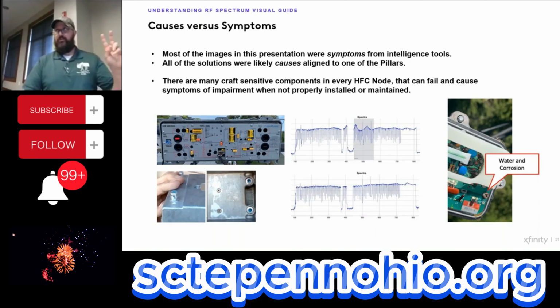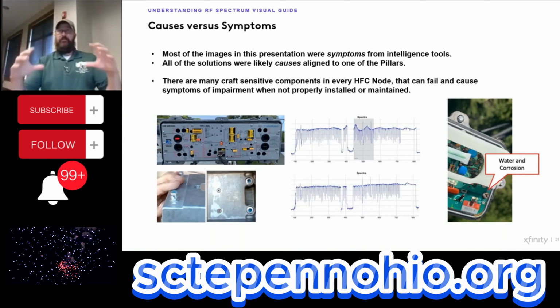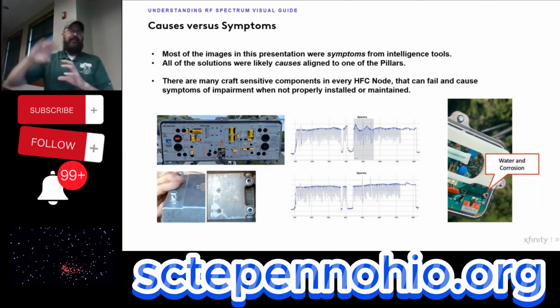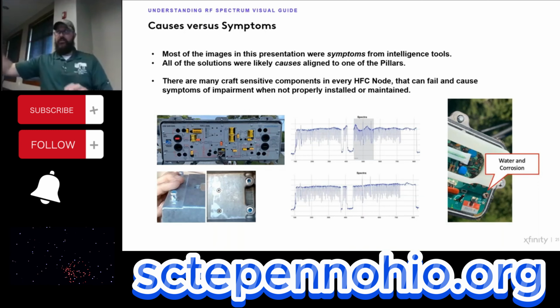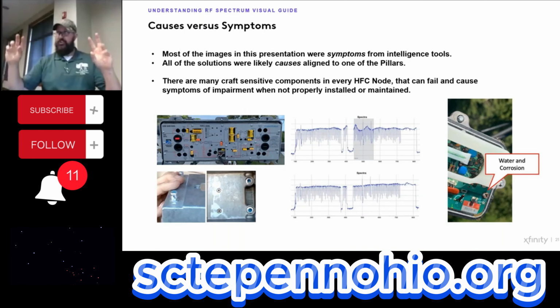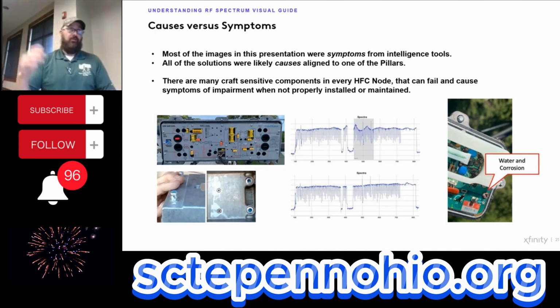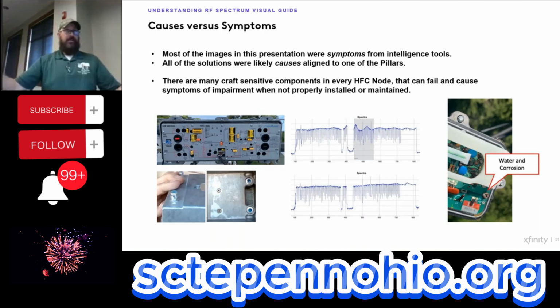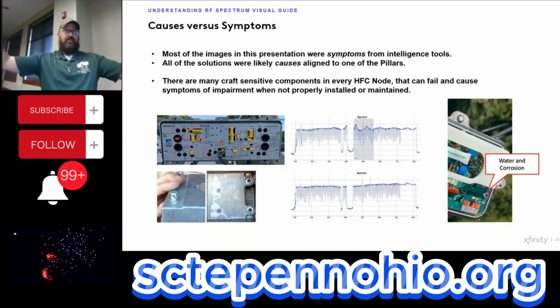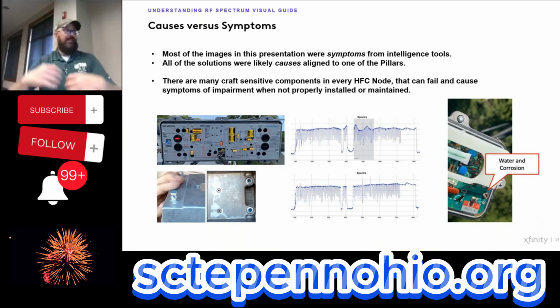Especially think about ingress. In the coaxial system, the shielding integrity is measured in how much energy the coax itself can withstand, and that is its shielding integrity value. Now, when the shielding is impaired or degraded, its value goes down and it can no longer withstand the pressures from all of that energy.